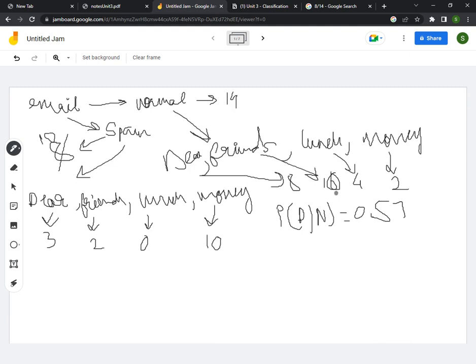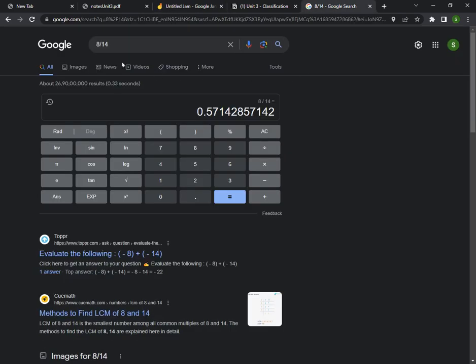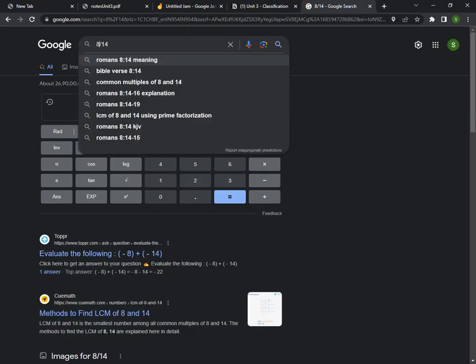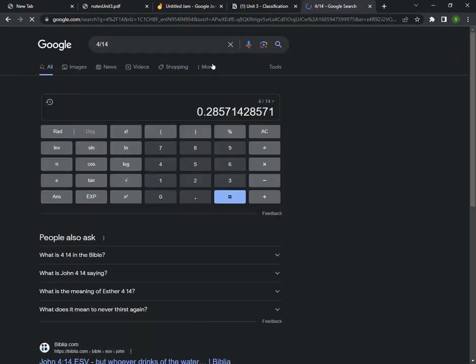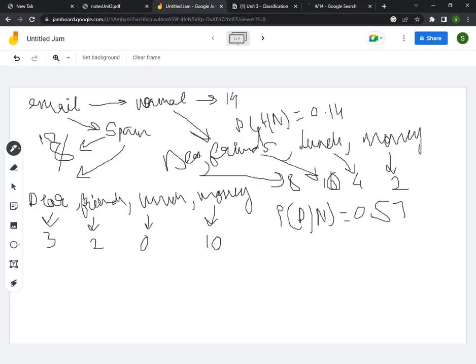And the same goes for the keyword friend, and it would be 0.14. And the same goes for lunch, which would be 0.28.